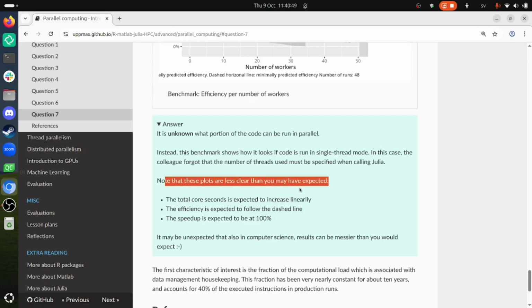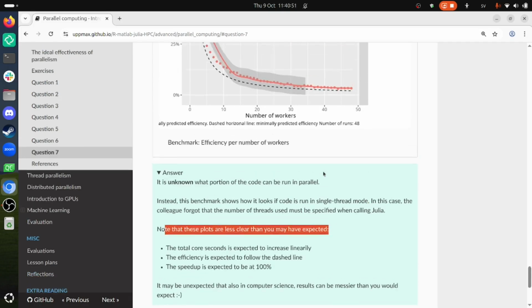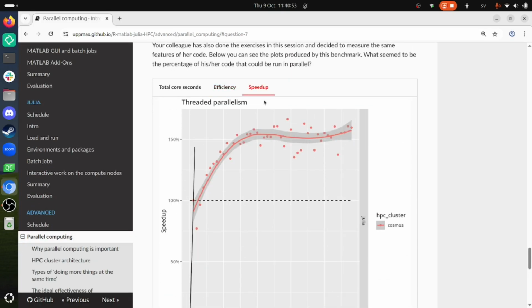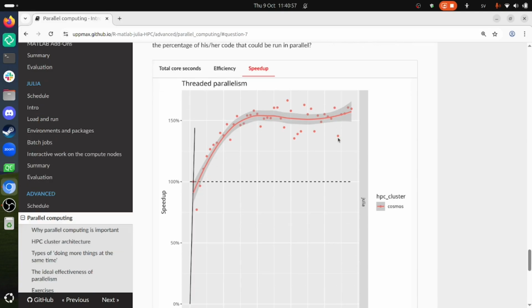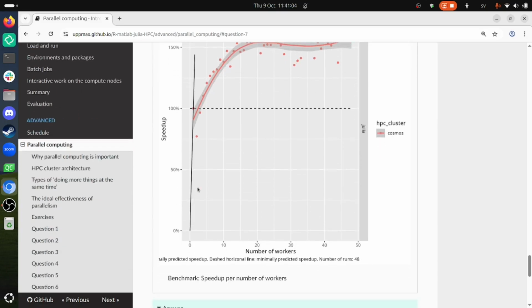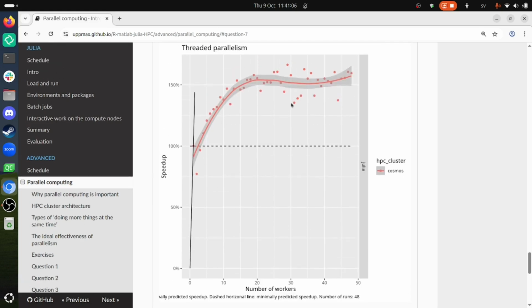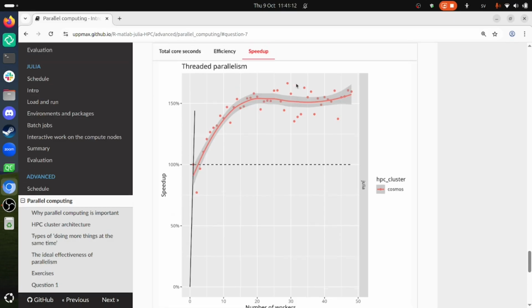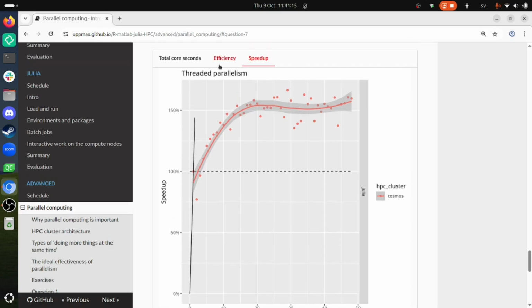Also, the plots are less clear than you may have expected. It's very interesting that speedup actually goes up consistently. I don't know how to explain it, because Julia indeed has only one thread. It could be that, but this is only guesswork. I can make up a story, but I cannot say with certainty why this is the case.